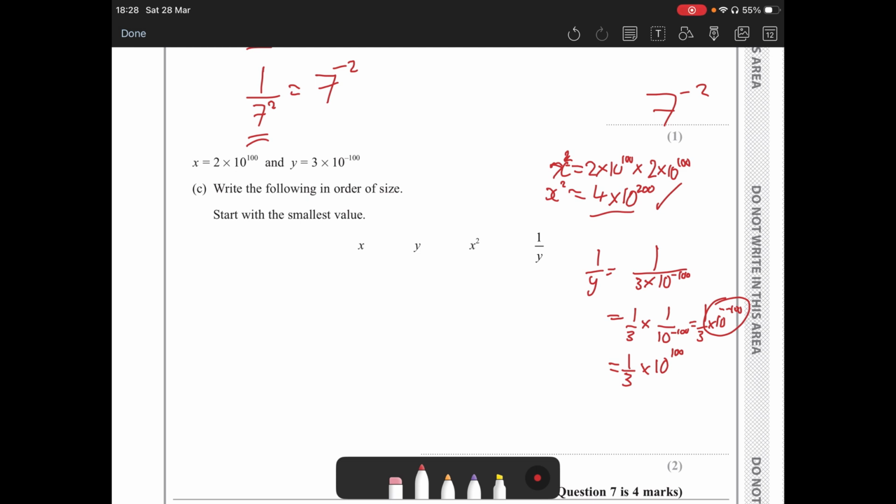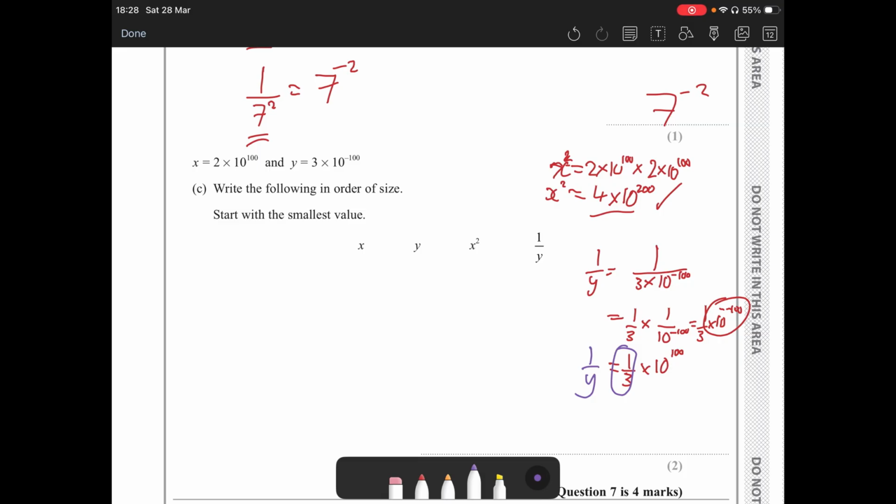Now, I know what you might be thinking. Oh, that's not in standard form because the first number should be bigger than 1. But this question doesn't want us to write anything in standard form. So I'm going to leave it like that for now. Just remember that 1 over y is this. I know you can all write the standard form if you wanted to, but this is a comparison question.